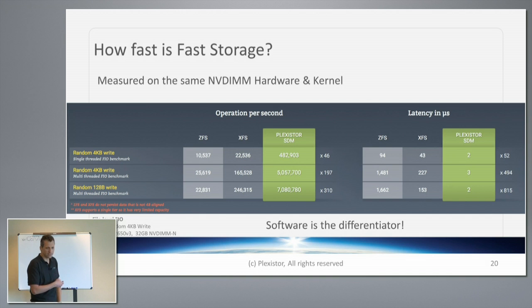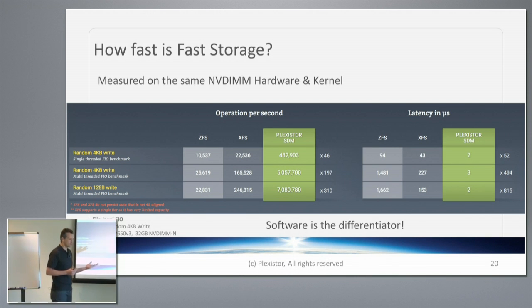This is not the best case scenario, it's not the worst case scenario, just 4 kilobyte aligned writes, the usual ridiculous scenario. This is the comparison to block. Even though we can do byte level accesses as well, we aligned the benchmark to be 4 kilobyte aligned, so it's as fair as possible for block based solutions.